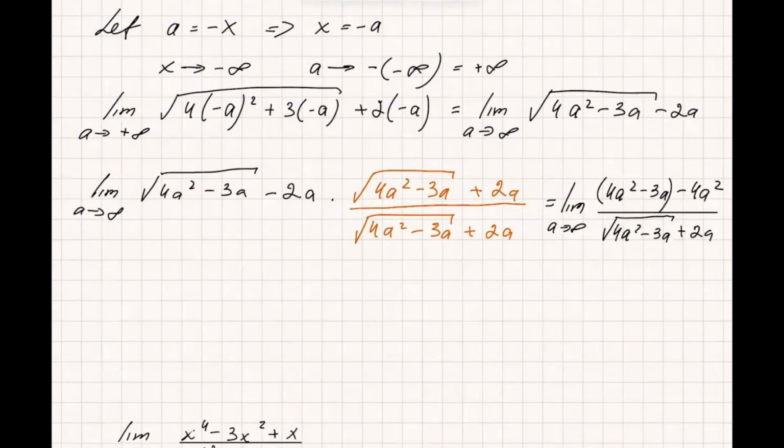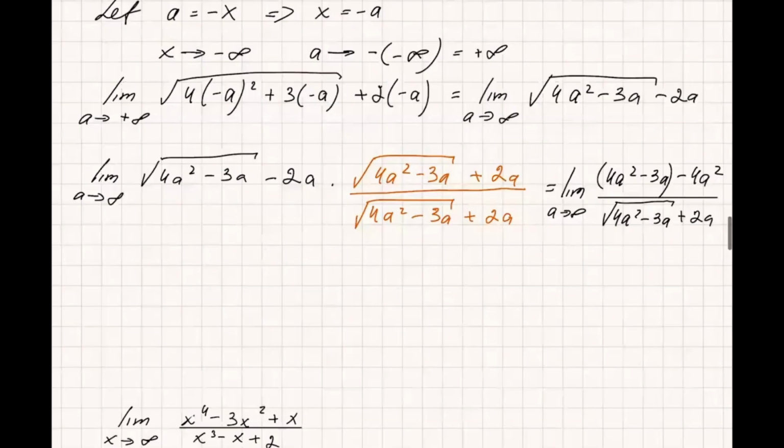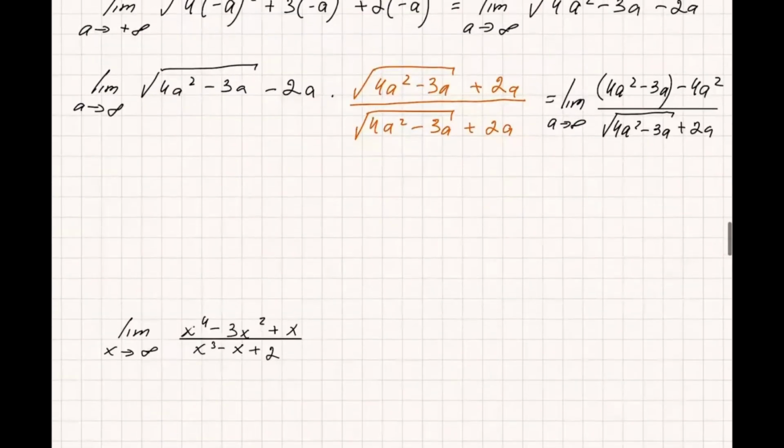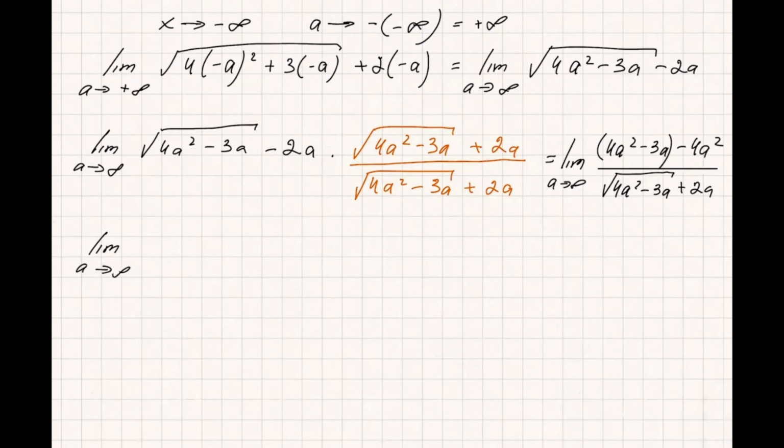Okay, so now let me simplify it a bit more, right? So I have limit as a approaches infinity of, so these are gone, right? 4a squared minus 4a squared, just 0. So in the numerator, I have negative 3a. So let me write it, factor it out. So I have a squared times 4 minus 3 over a, right? Because I'm factoring out two a's.